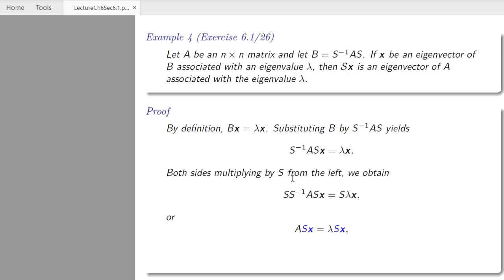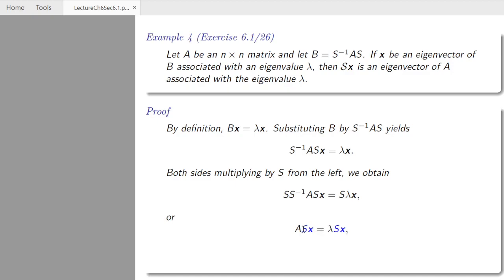So the statement from the left is important. And then S times its inverse equals the identity matrix, so we get A times Sx equal to S times lambda x. Lambda is a scalar, so we move it forward. In this way, we get this form: A times Sx equal to lambda times Sx.